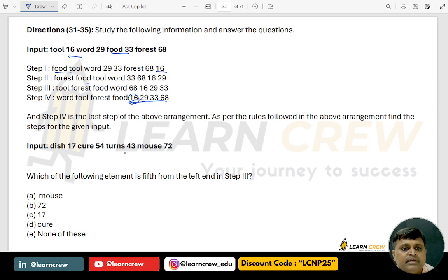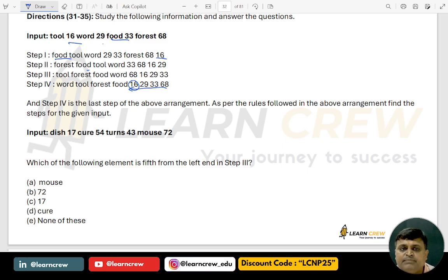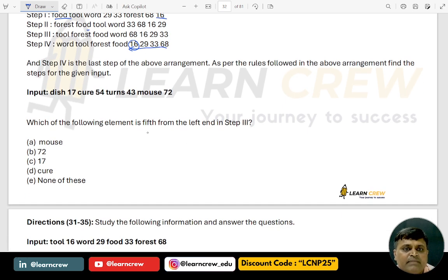Now see here, apply the same thing here. Dish 17, cure 54, tons 43, mouse 72. This is the input given. Which of the following elements is the fifth from the left end of step 3? So I am going to write the steps for this one. In step 1, alphabetically I will write cure, and number-wise the smallest one, 17, will come here.